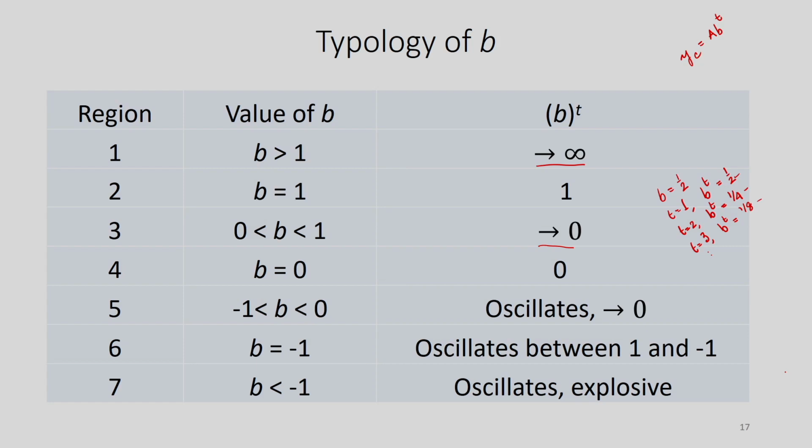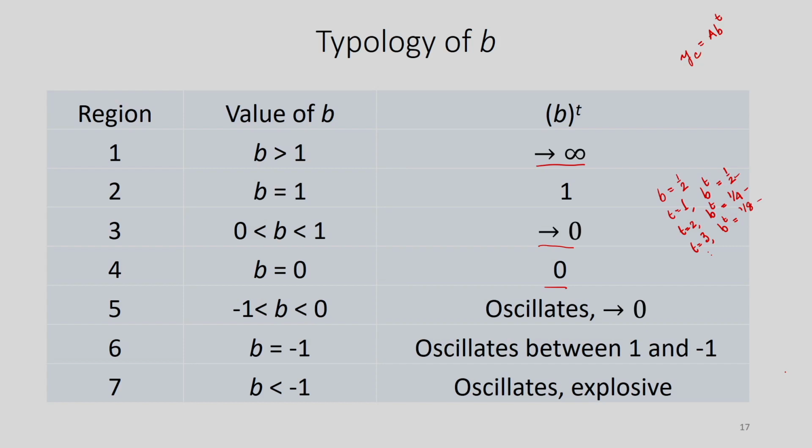If b is equal to 0, then 0 to the power, whatever power you put there, it will remain at 0. If b lies between 0 and -1, then something interesting happens: b to the power t actually oscillates, right. So, start with t is equal to 1, let us suppose.